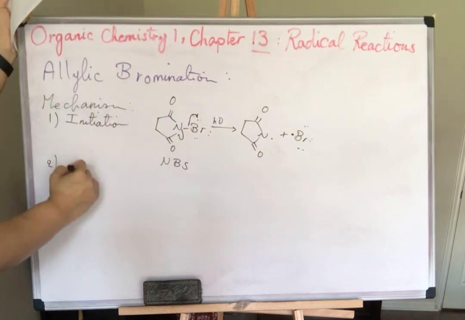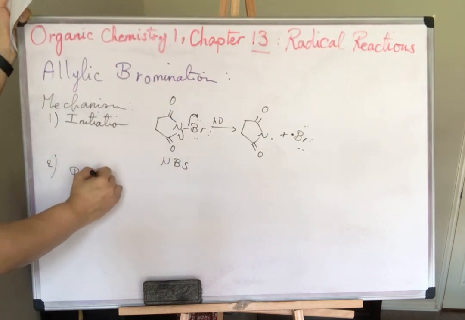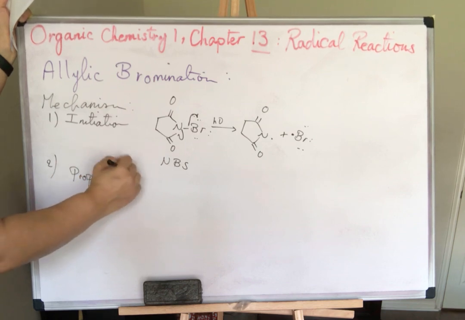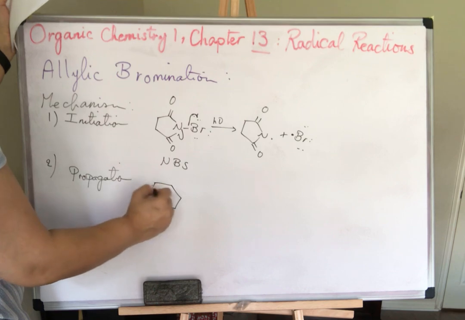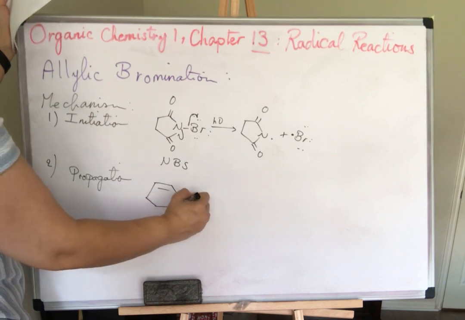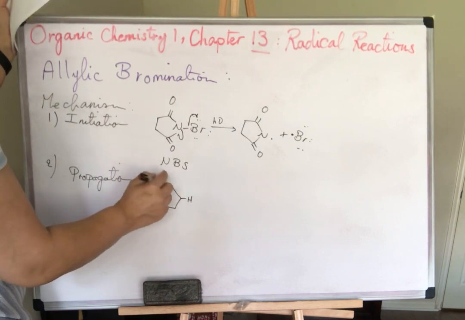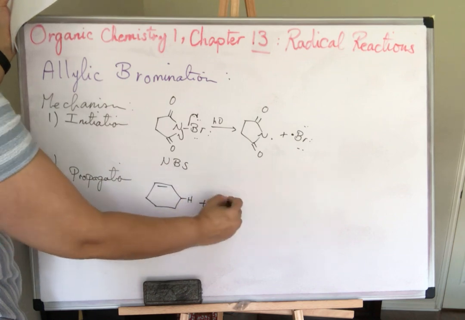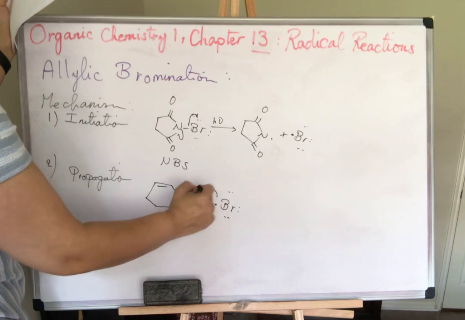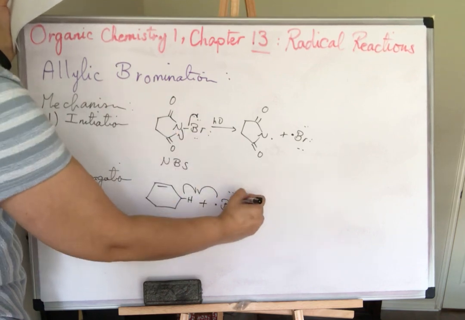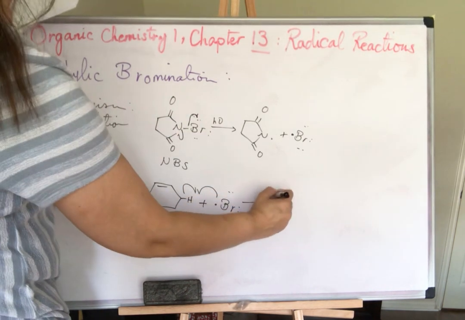In the propagation, let's say we have this alkene, and the alkene must have an allylic position with a hydrogen available, right? So bromine is going to react.